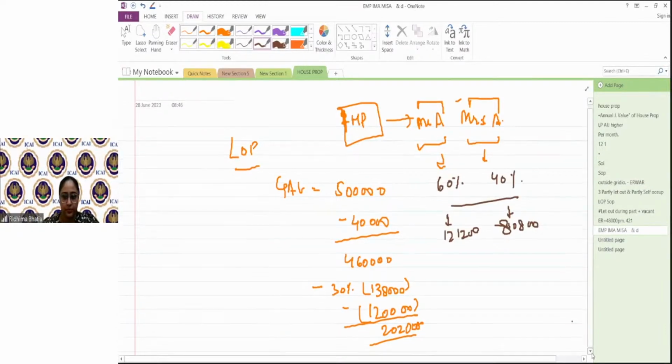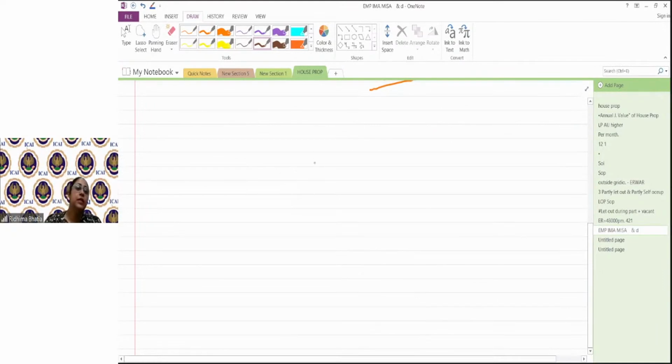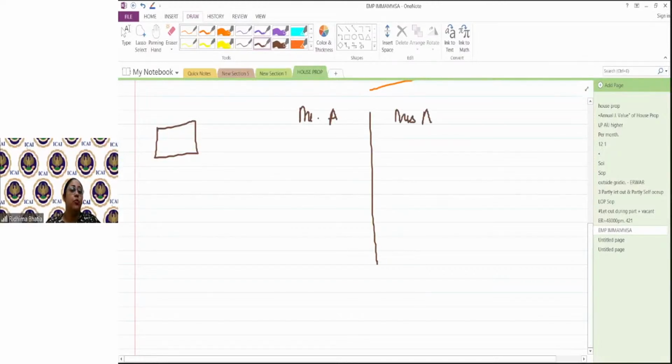In self-occupied property, each co-owner gets the benefit of interest up to 2 lakh. Suppose a self-occupied property is there for which Mr. A and Mrs. A both are co-owners, and the interest on loan of this property is 4,50,000.